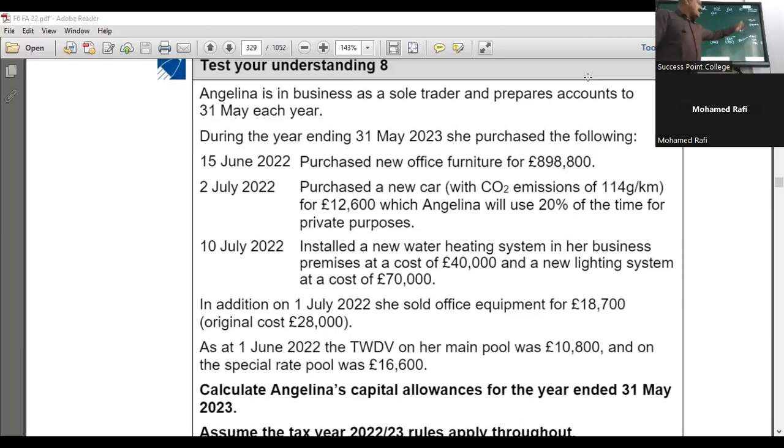For the expense, we will claim only 80% because the car is reduced by 756, but only 605 relates to business. The remaining is for private use. So that's why we will make this business use asset column as well. There will be no balance for the main pool, some balance of the special rate pool, and some balance of the private use asset as well. Clear?